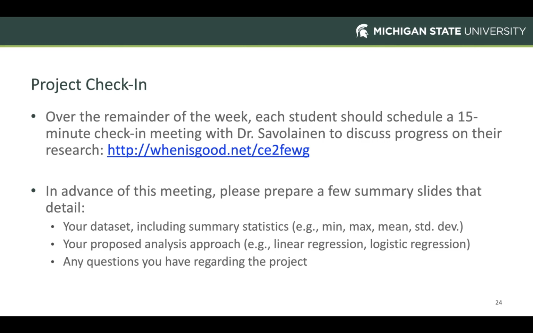First of all, I want you to describe your data set. So summary statistics for both your dependent variable or variables of interest and any independent variables that we're interested in. Those summary statistics would basically be the descriptive statistics we talked about at the start of the semester. So minimum, maximum values, mean, standard deviation, et cetera. Then, our proposed analysis approach. At this point, our toolbox really only includes linear regression and logistic regression, either in the binary or multinomial case.